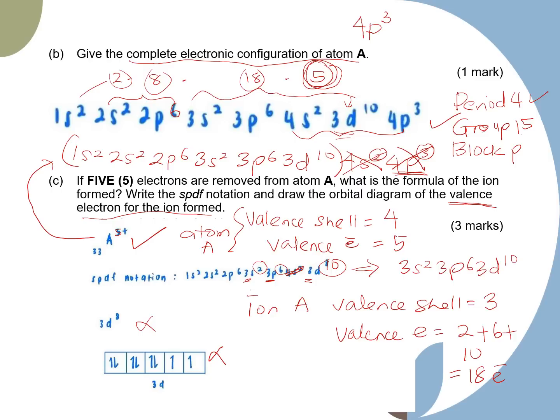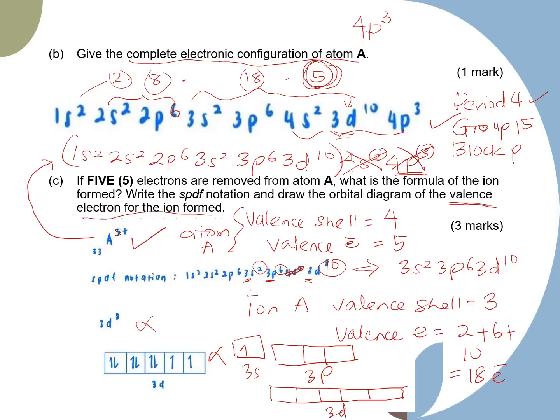3d10. So for the orbital diagram, of course you have to draw 3s, then draw 3p with 3 boxes, and then draw 3d with 5 boxes and complete all the electrons.